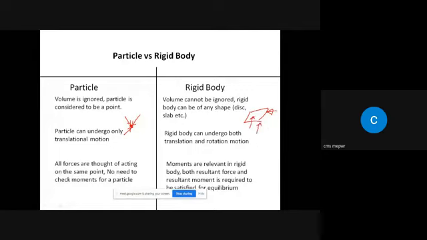If we want to find the resultant of all these forces on this point, we will not have only the forces, but this force will have a moment about this point due to this perpendicular distance, and this other force will also have a moment about this specific point due to this perpendicular distance. So that's why we need to consider both the resultant moment as well as the resultant force.